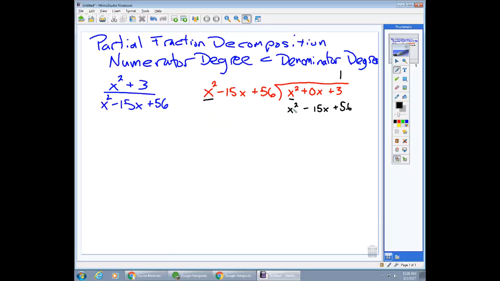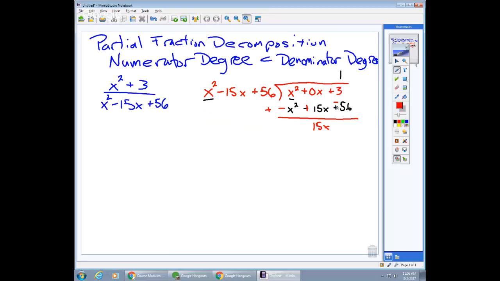And then I have to subtract that whole line, and subtraction is adding the opposite. So I'm just going to go through here and add the opposite of each of these terms. So I'm going to go through and change their signs. And then I'm going to add coming down. So x squared minus x squared is 0. 0x plus 15x is 15x.